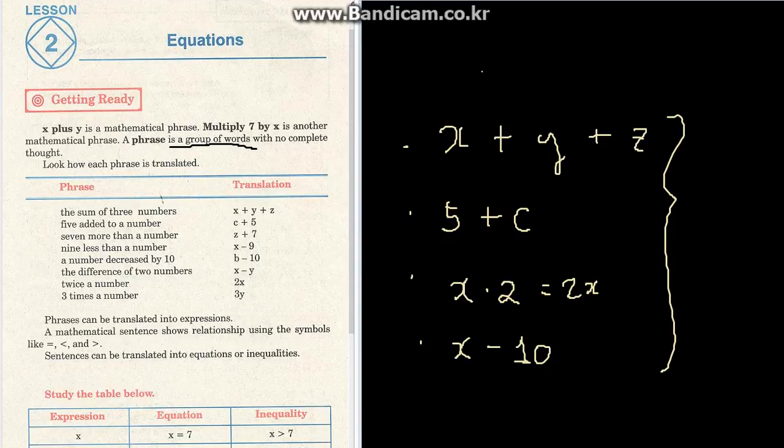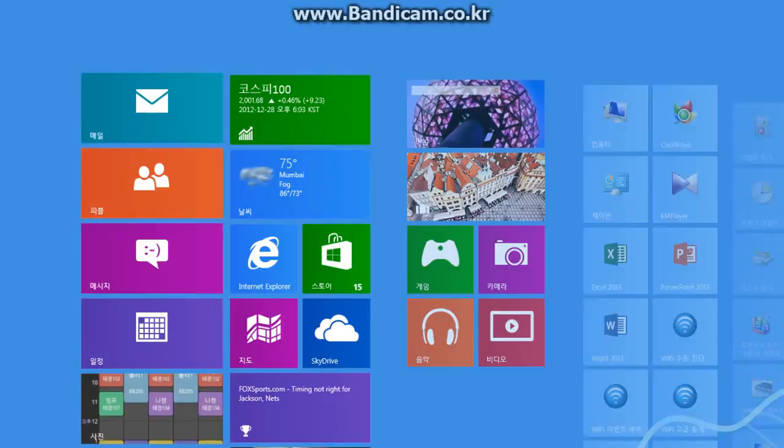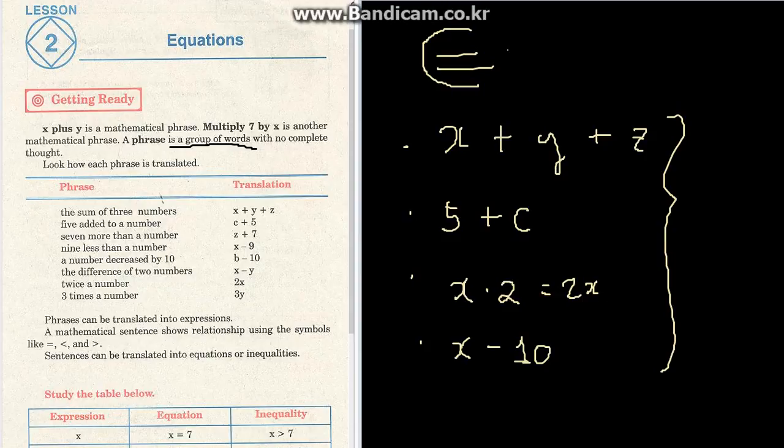The equations are the ones that you use with this symbol right here, like equal to. What about inequalities? Inequalities are the ones that use greater than or smaller than, or greater than or equal to, or smaller than or equal to, like those ones.